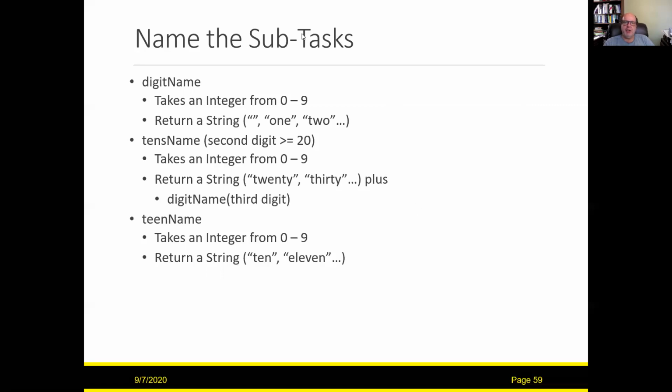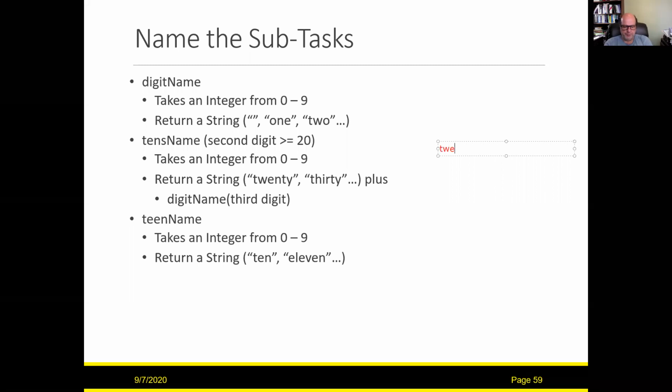So if I have 25, I can get my 20 from this part, and I can get my 5 over here. So I don't need to have this function do all of these things.